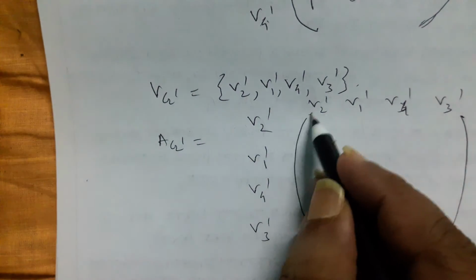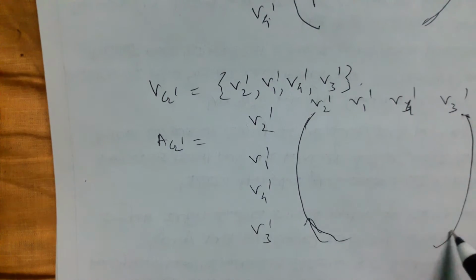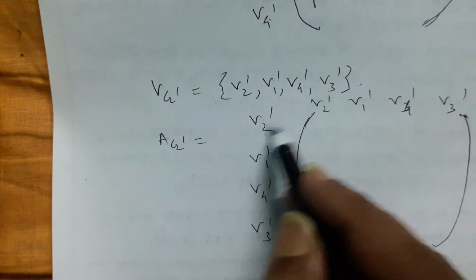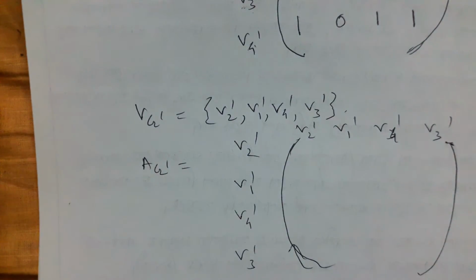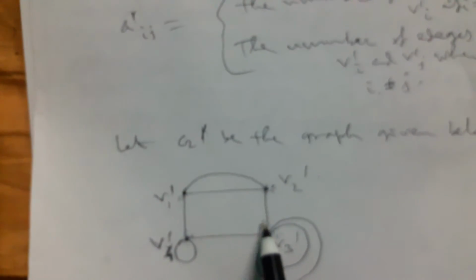And also consider here in matrix notation the connection of V2 dash and V2 dash. In this way, the same method will be followed as in the earlier stage. V2 dash and V2 dash, there will be no connection, so that will be 0.